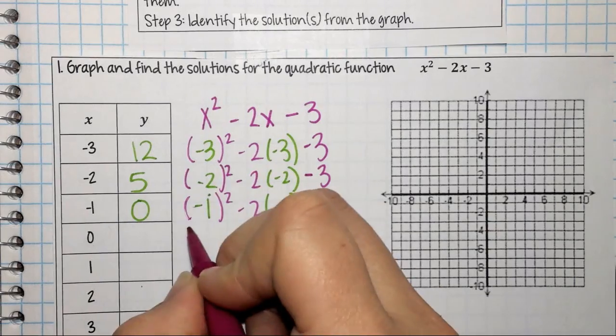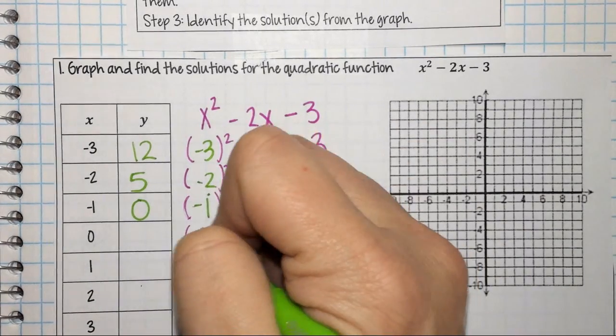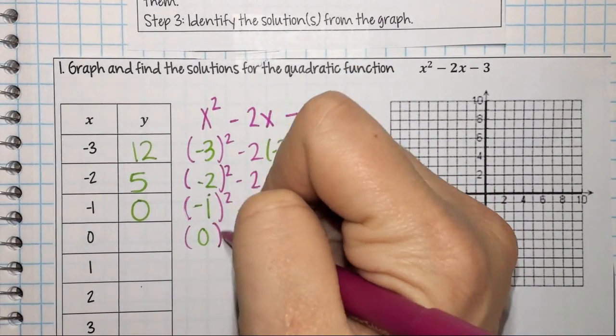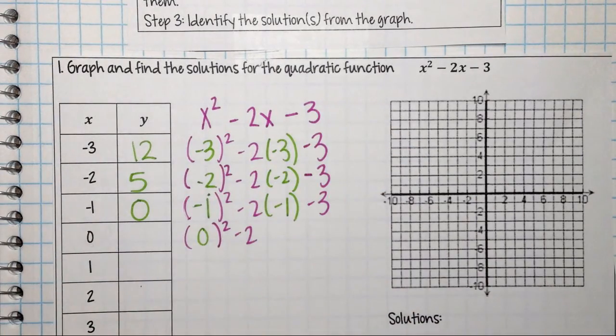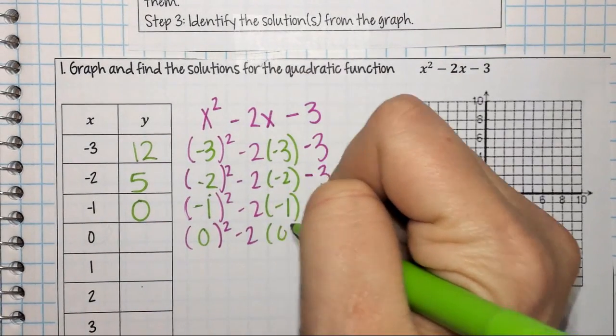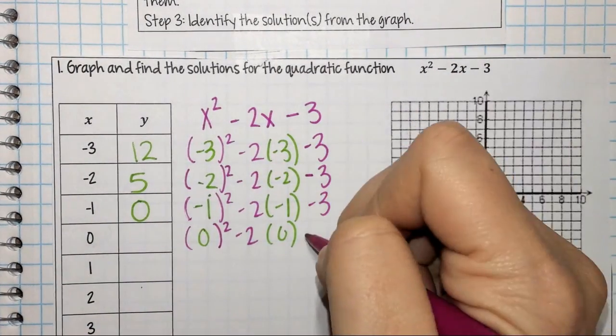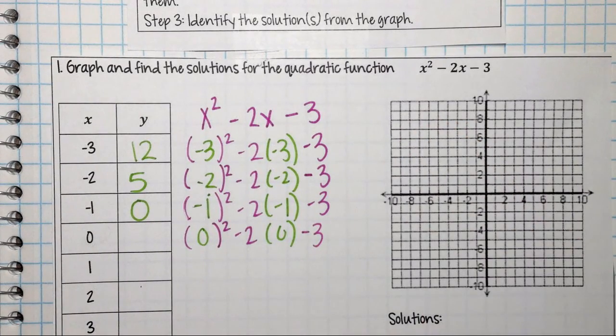All right, let's plug in 0. Now, do you have to do the process column every time? No. This is just to help you in practice and make sure we understand where we're getting our numbers from. What are we going to get for this one? -3. Awesome.